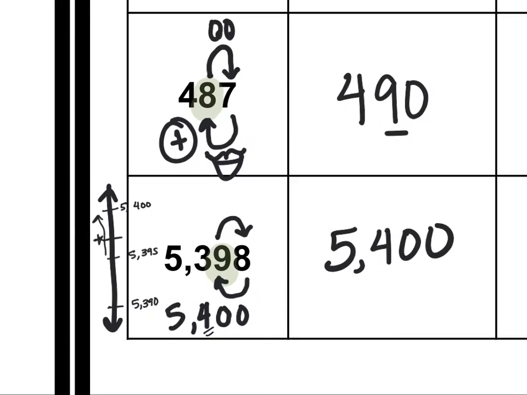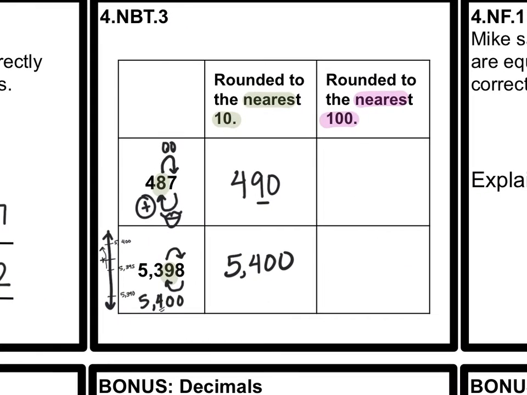Okay. When you're doing this with these numbers, we're going to go ahead and do this to the nearest 100. So I'm going to go ahead and erase this. If we're going to the nearest 100, it's going to be this place value here. So the 4 is going to look to the 8 now to tell it what to do, and this time the 8 gets to tell the 4 what to do.